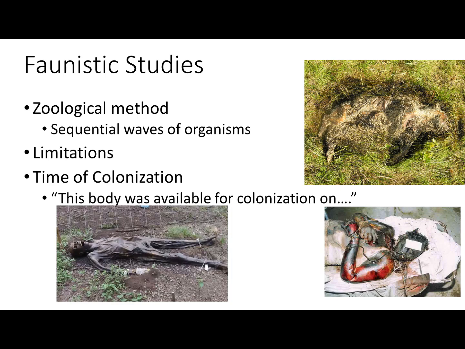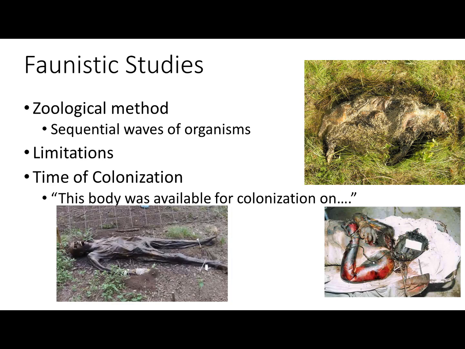One, the estimation is dependent on accurate data. If no one has accurately looked at what organisms show up when on a particular body, then accurate PMI estimation is difficult. If we don't know what's supposed to be there, when they show up, or how long they live, we have a really hard time estimating how long that body has been there.